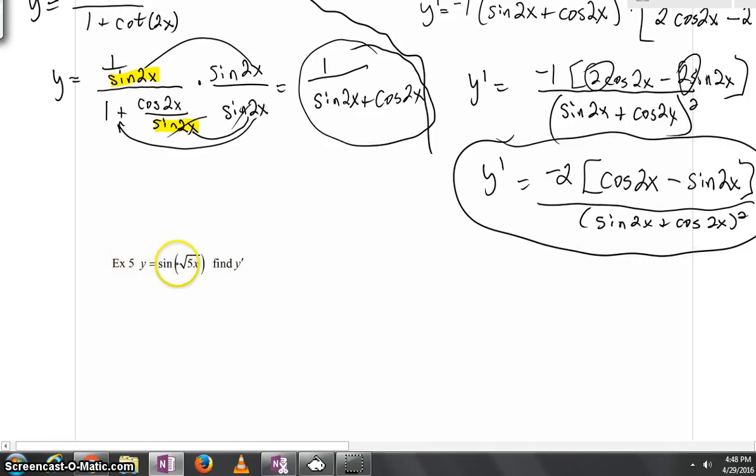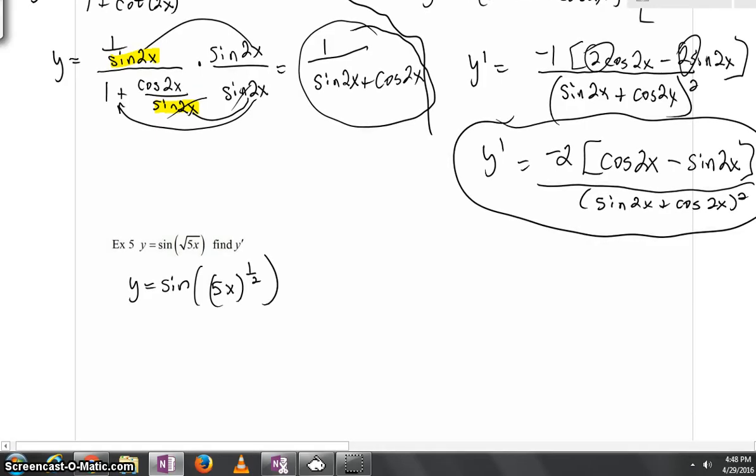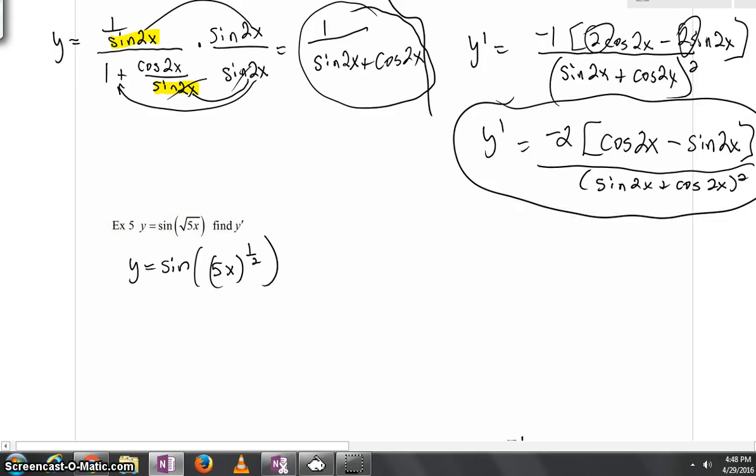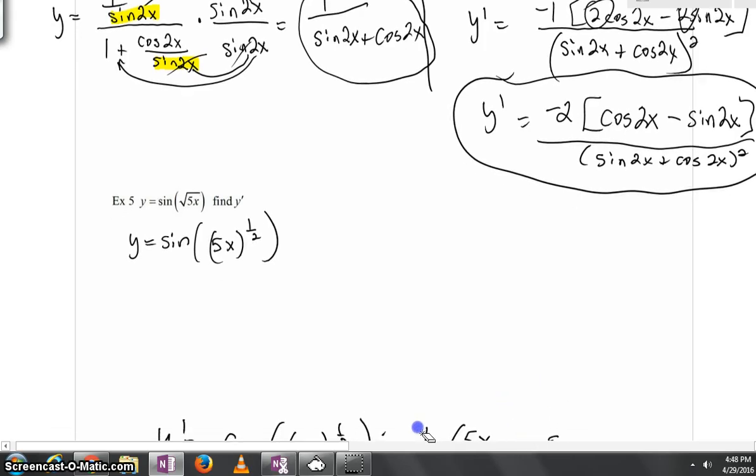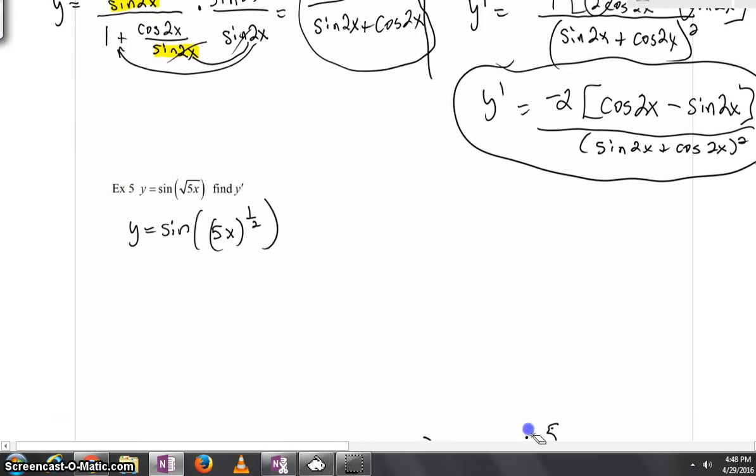What I'm getting at is this. You could look at that square root as a 1/2 power. So you could say that this is 5x raised to the 1/2 power. Obviously, we have an outside function, that's sine. But on the inside, we have a square root, but inside of the square root, we have a 5x. So it's kind of like f of g of h, really multiple functions being plugged in.